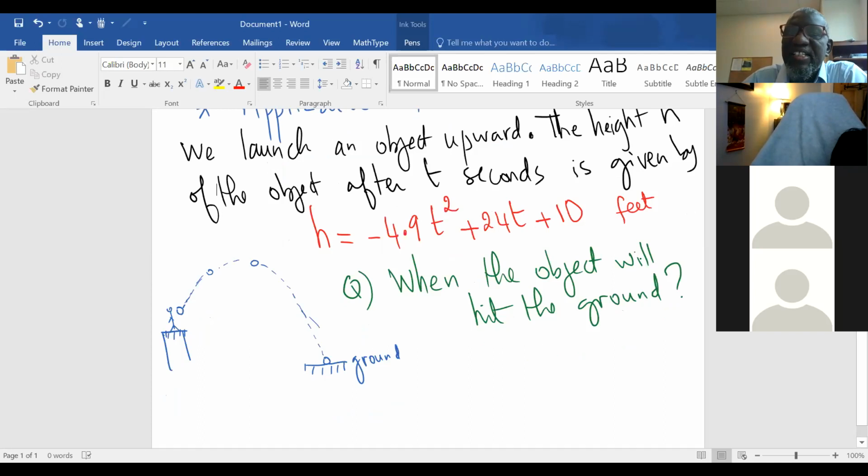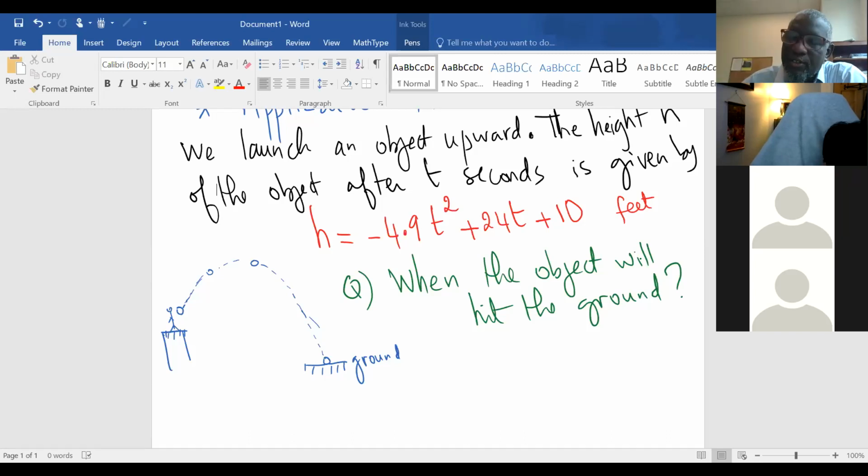When the object hits the ground, how much is the height? The height has to be positive, right?